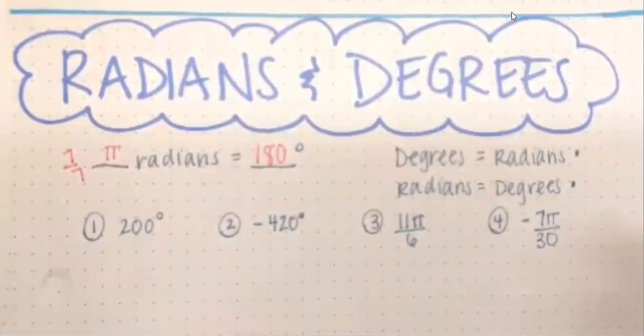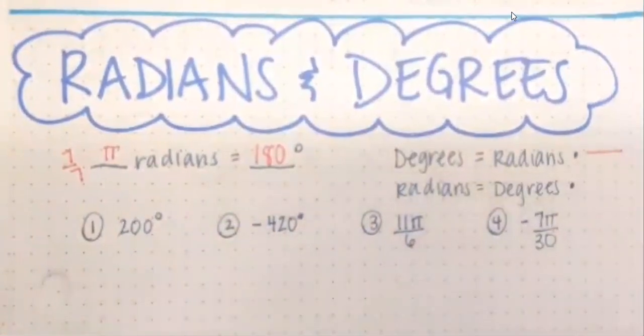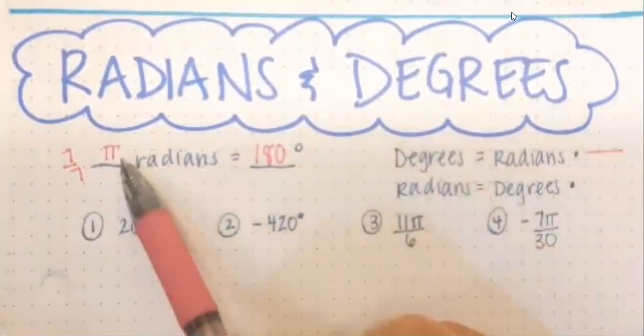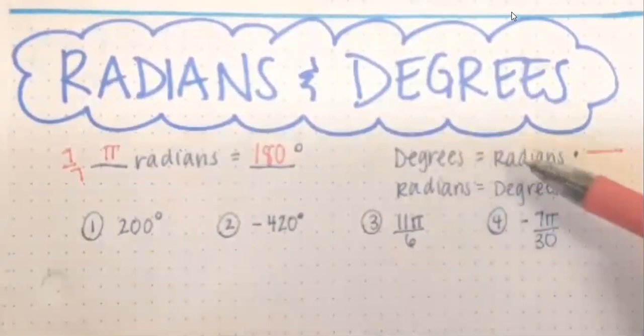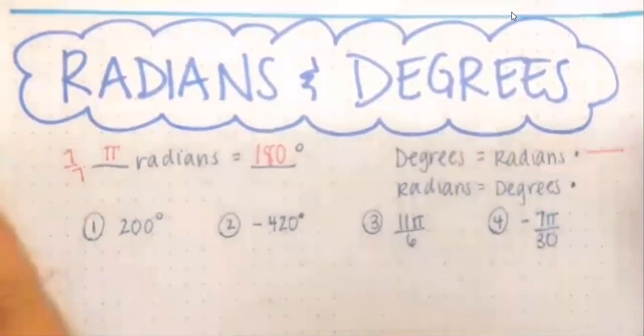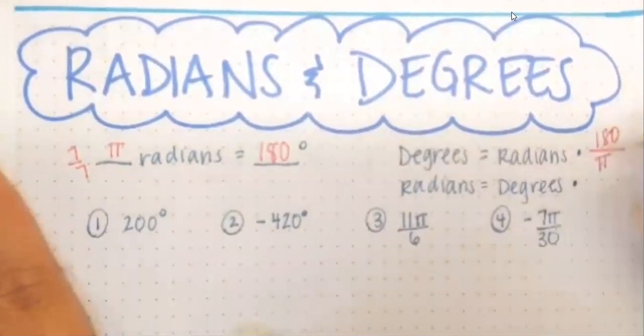So I'm going to multiply by a fraction, and I'm going to put the same thing on top and bottom. That same thing is the pi and the 180, because they're equivalent. It's just two different units of measure, like putting 1 foot over 12 inches. So if I'm given radians and I want to get to degrees, I take the radians times 180 over pi.